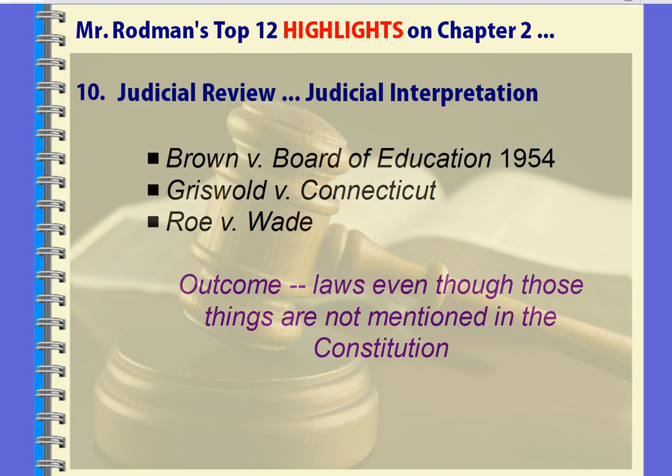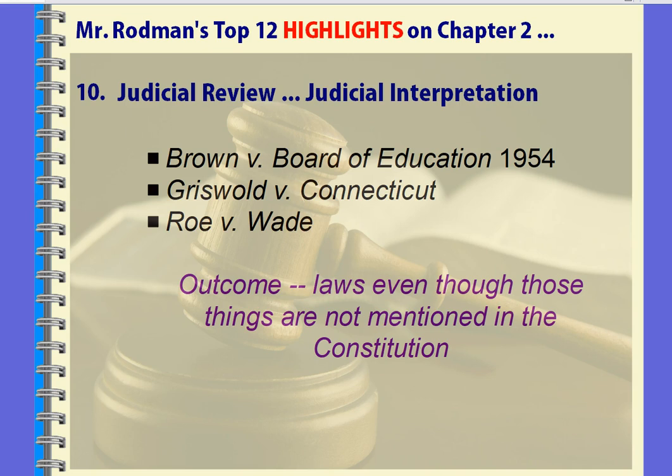It is not mentioned in the Constitution in terms of specifics, and so they're interpreting based on their perspectives, and this is important. Griswold v. Connecticut is a case in which the Connecticut law basically said that people couldn't talk about family planning services, and the concern at the time was that this was a right to privacy issue.